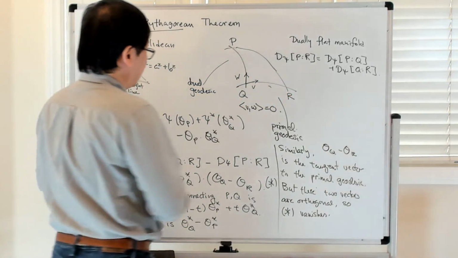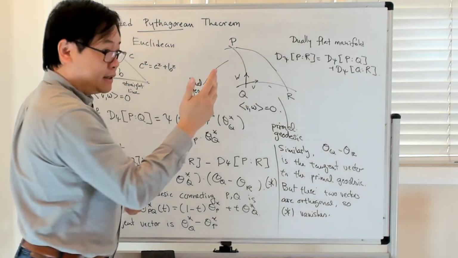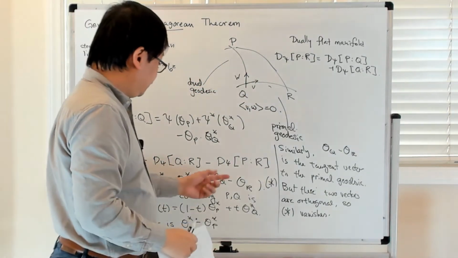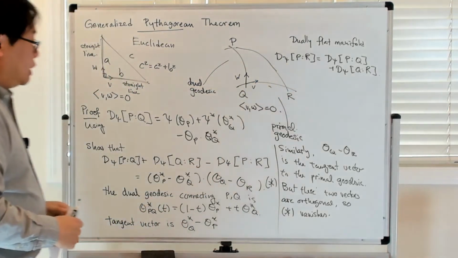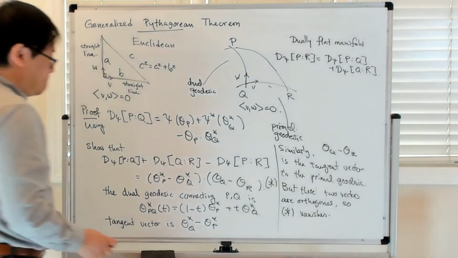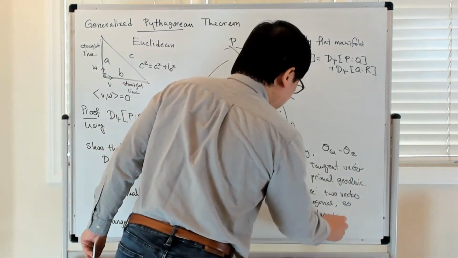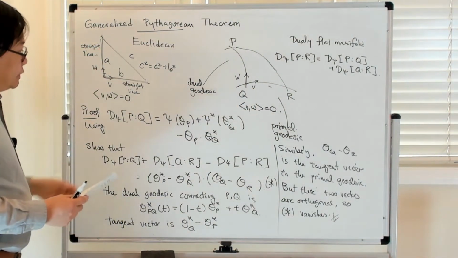And then because those two tangent vectors are orthogonal, by assumption, that term vanishes. So this vanishes, and that recovers the expression we're trying to prove. Okay? All right. So that proves the generalized Pythagorean theorem.